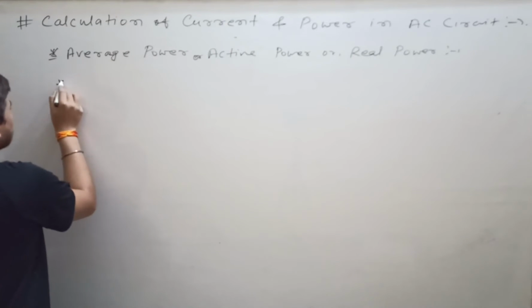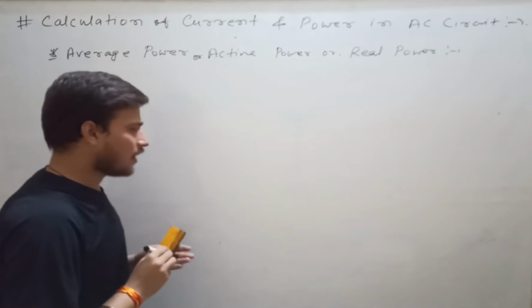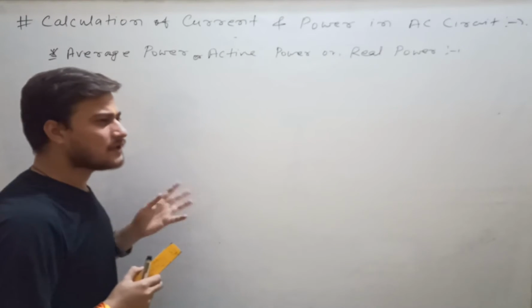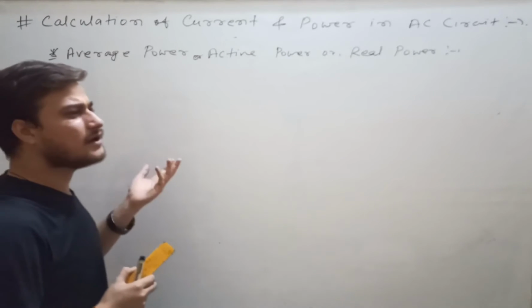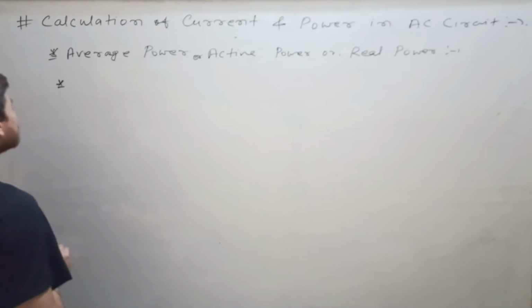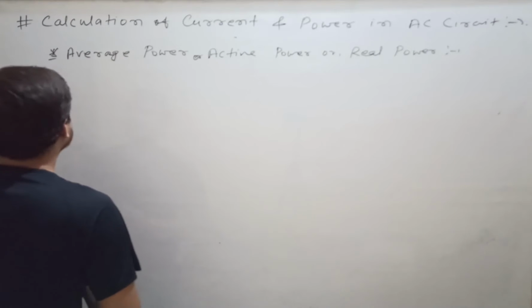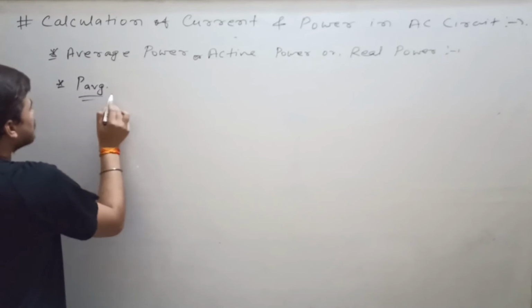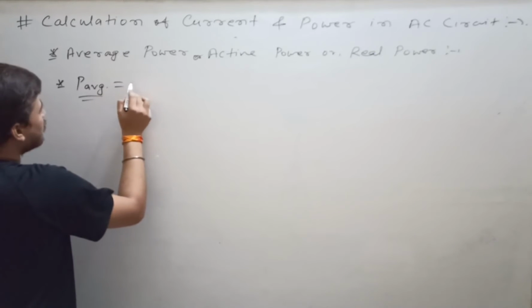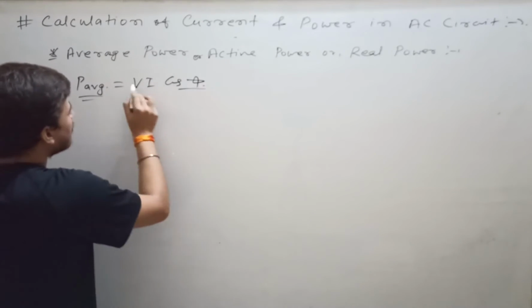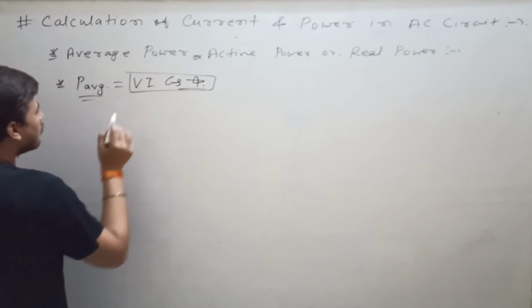So what is average power? I am directly writing the formula without going into the definitions of these powers, because I think you have already studied them in basic electrical engineering. So P average is equal to V I cos phi. What is V?